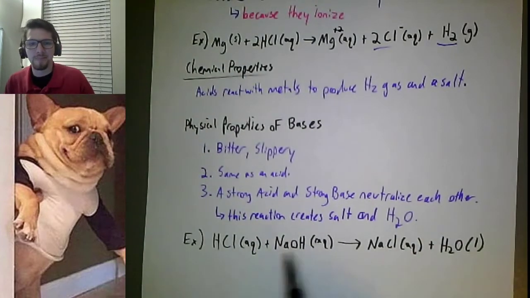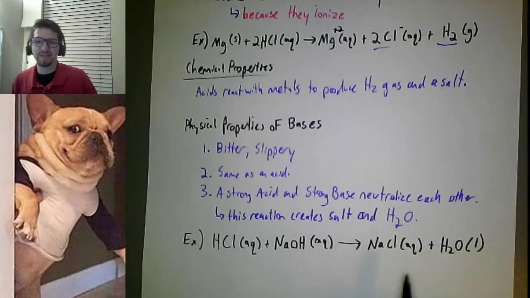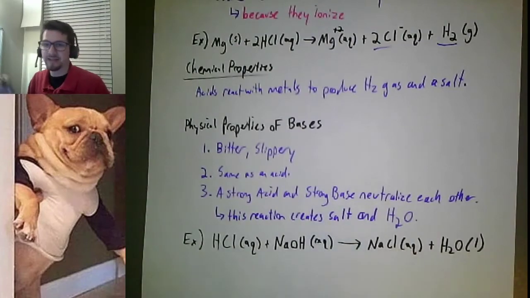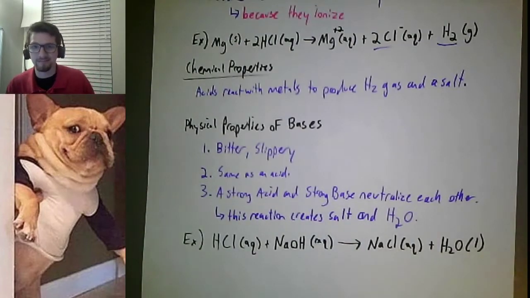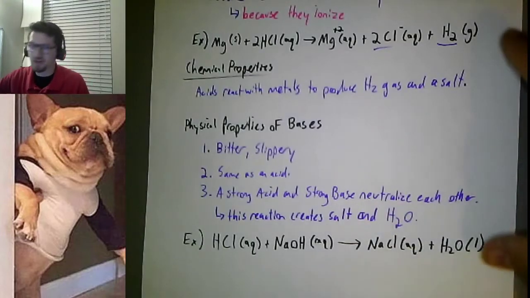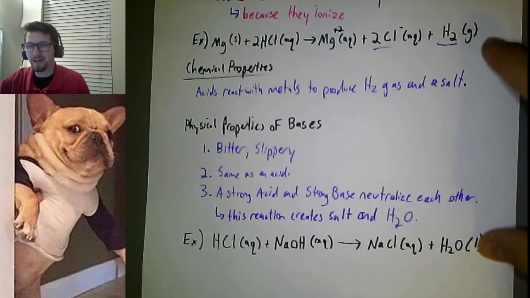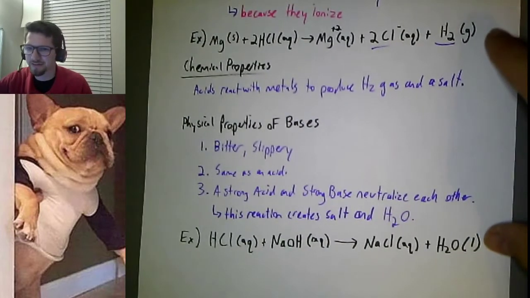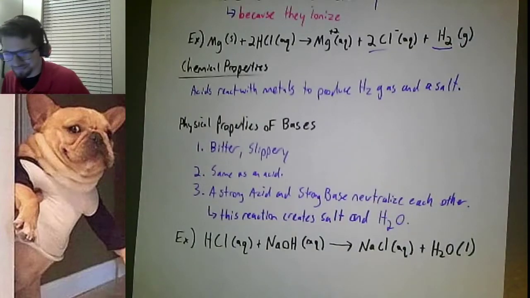Fantastic. So, strong acid, strong base react to create a salt and water. Fantastic. So, this is what that's talking about. In other words, if you saw one of these equations, I'd know what to be looking for to figure out which one's which.